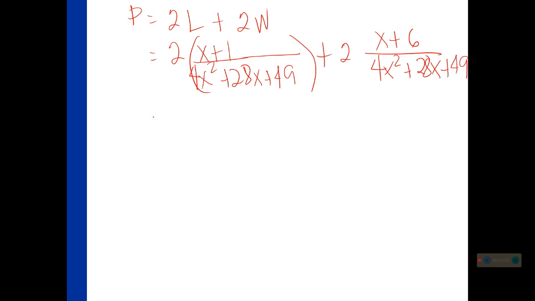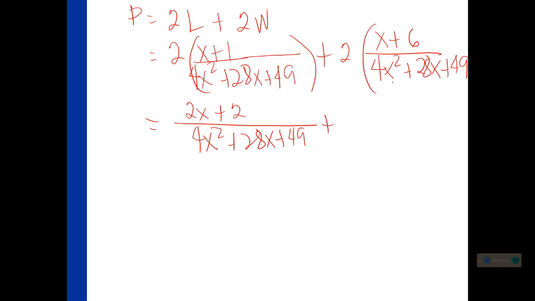And then, to continue, you will have on the numerator 2x plus 2 over the denominator, plus, okay, sorry, I forgot the parenthesis. So, we have here 2x plus 12 all over the denominator.